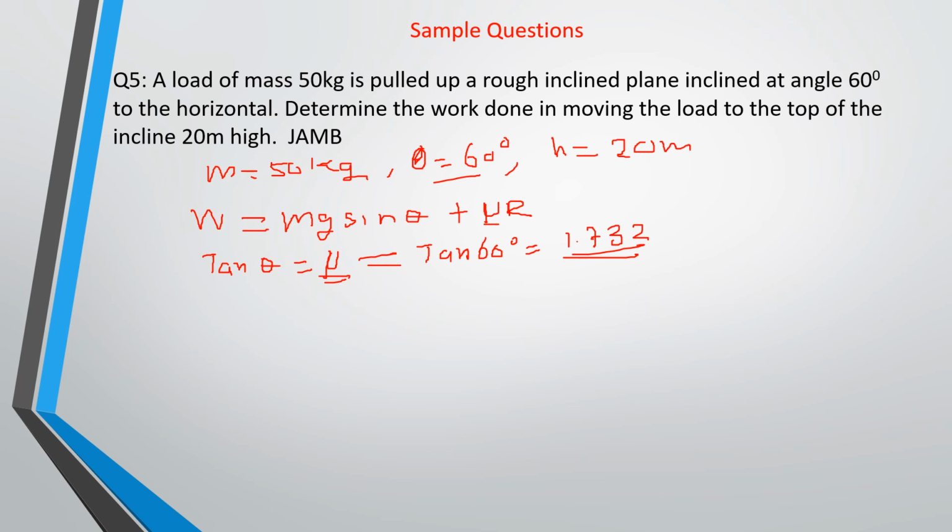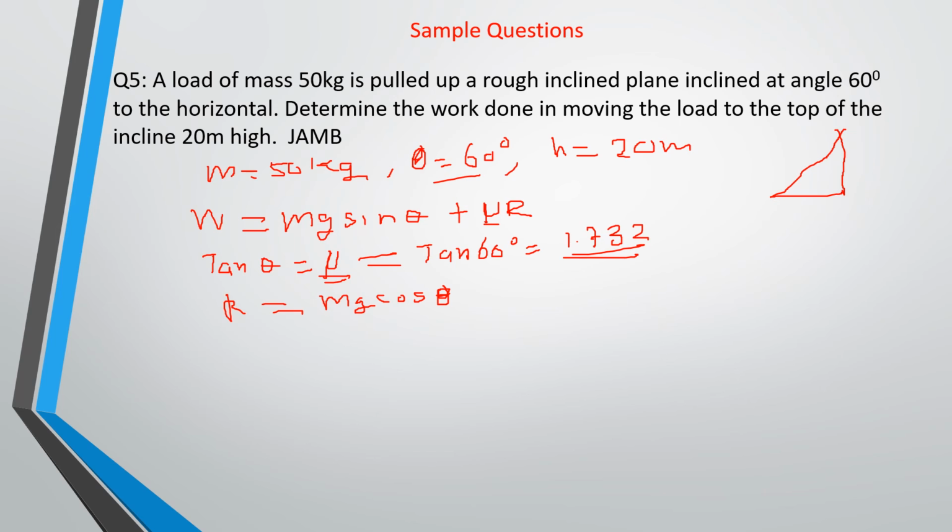Now you know that the normal reaction is equal to mg cos theta. Please, all this we've discussed when we treated frictional force. Normal reaction is equal to the weight component that is perpendicular to the plane of the incline, right?